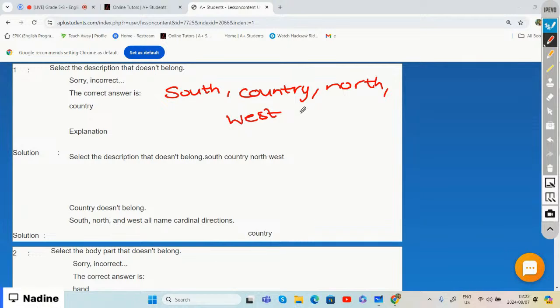All right, and if we were to identify the word that doesn't belong, then we can say country doesn't belong. The words that are related to one another are south, north, and west, right? It is to do with your direction points, your cardinal directions, where we have north, south, east, and west.